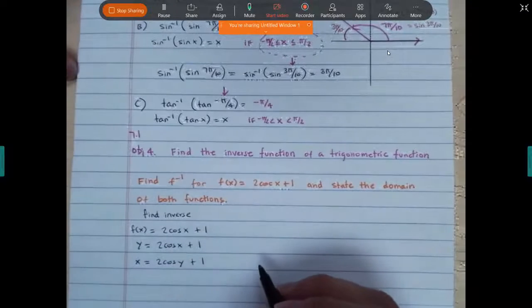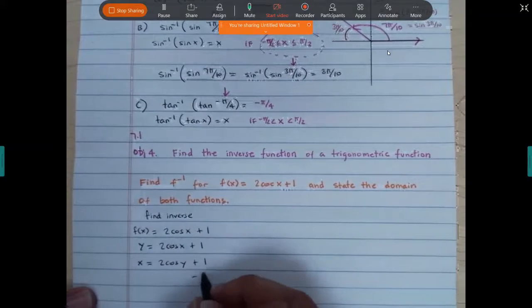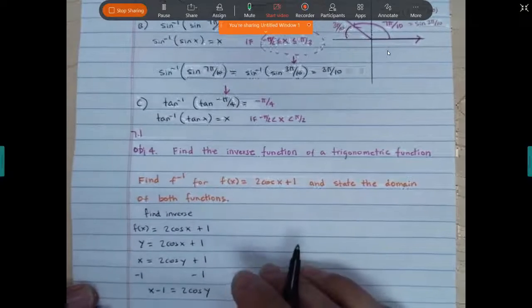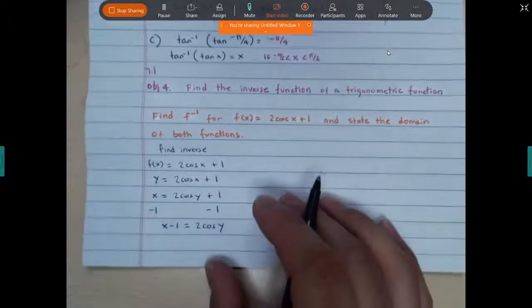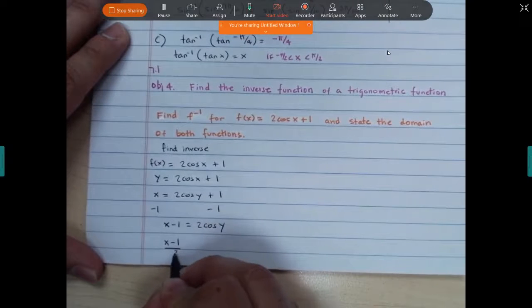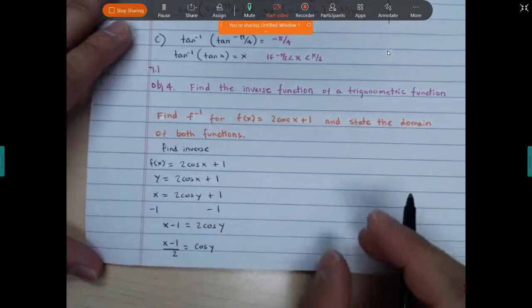The next step in finding the inverse is to solve for y. Minus 1 on both sides: x minus 1 is equal to 2 cosine of y. Dividing by 2 on both sides, we get x minus 1 divided by 2 is equal to the cosine of y.